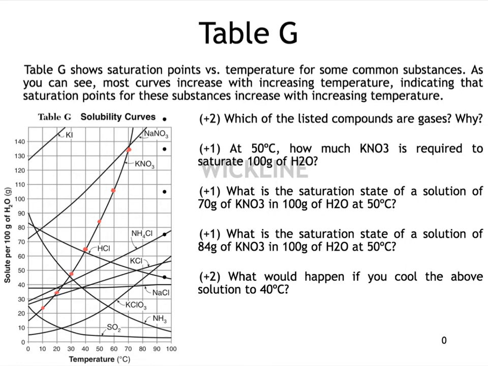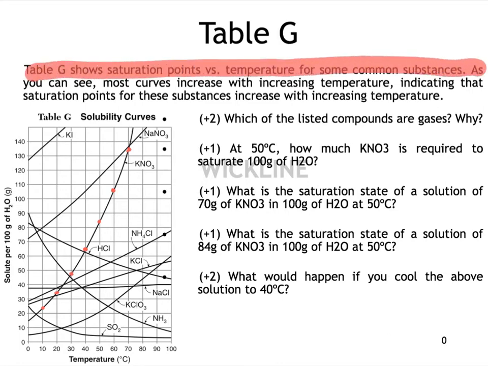Which of the listed compounds would be considered gas? Well, up here at the beginning, I point out that Table G shows saturation points versus temperature for common substances, and as you can see, most curves increase with increasing temperature. You probably remember from a previous lesson that the only substances that would increase their solubility as temperature increases would be substances that are solid at STP.